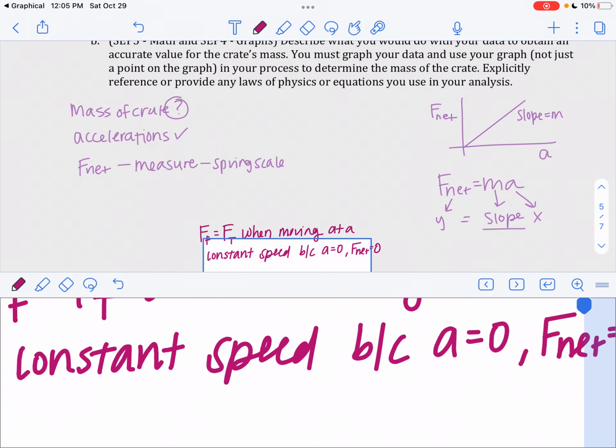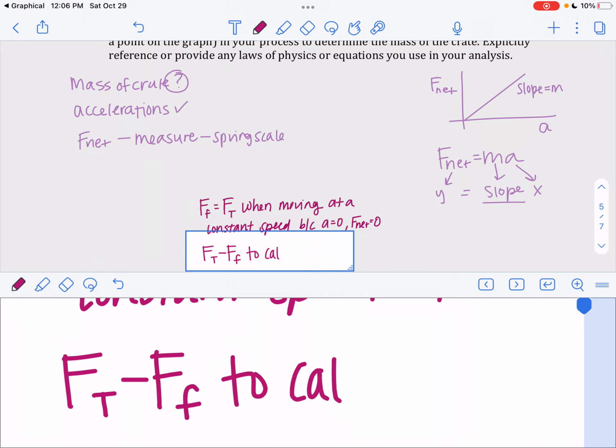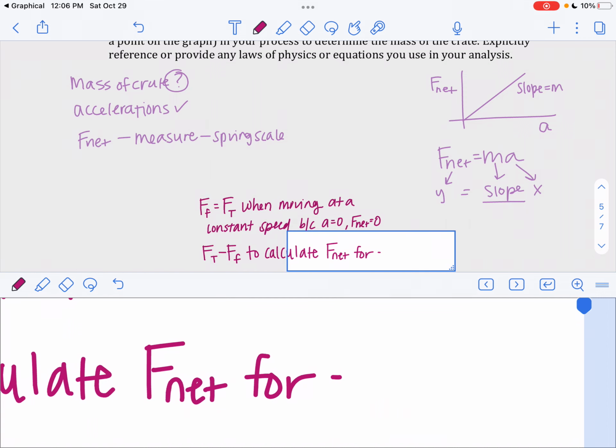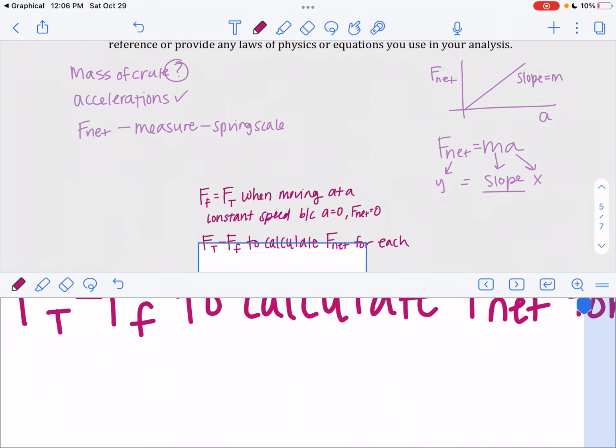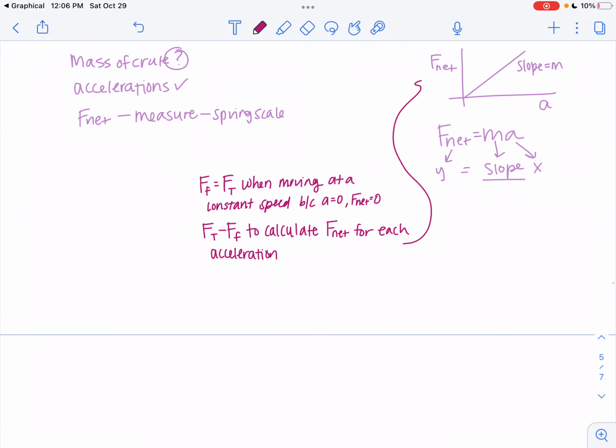Then to calculate F net for these other constant accelerations, what I'm going to have to do is FT, whatever I'm measuring, minus the force of friction to calculate F net for each acceleration. So I'm kind of reverse designing this experiment. So that's how I'm going to get F net to graph here, by doing these two steps.